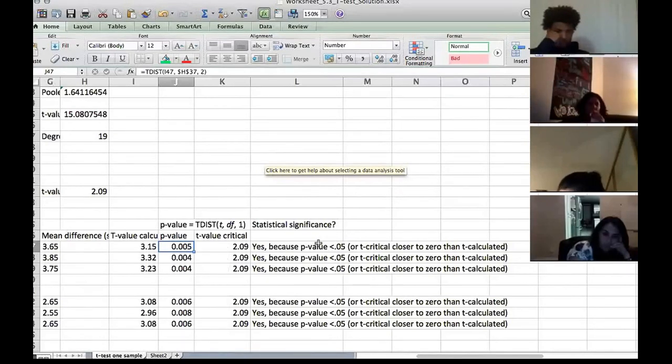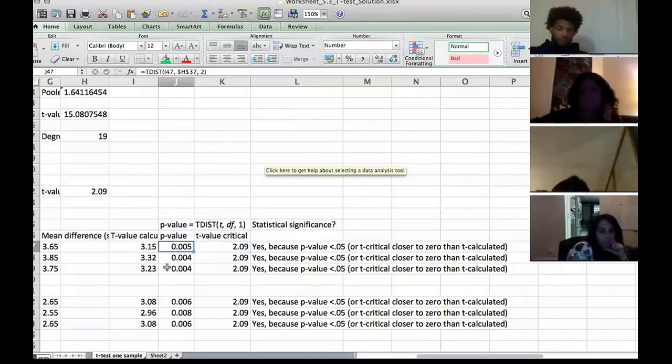We used to always go that route before we had computers, because you could publish tables in a book that would tell you, for this many degrees of freedom, here is the limit of the zone of rejection. This is where the t-critical is. And you just figured out, am I above the t-critical or not? But now that we have computers, we can give precise values. We know exactly where we're at on the curve.